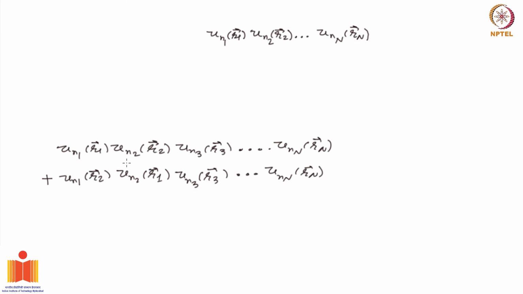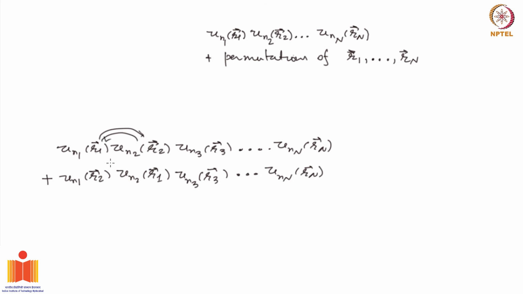But we want to symmetrize fully under the interchange of all the particles. So I should write plus all the permutations of r1, r2, r3, and so forth up to rn. Just like here we permuted r1 and r2, so this got permuted like this.